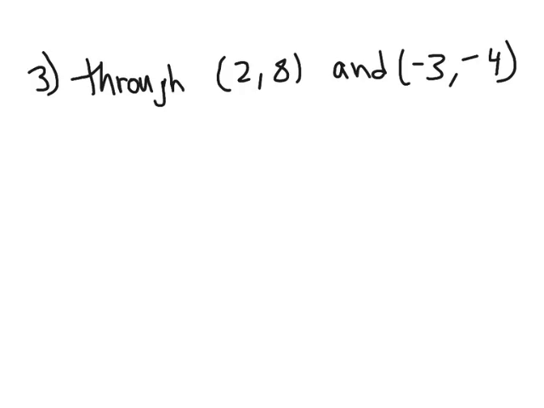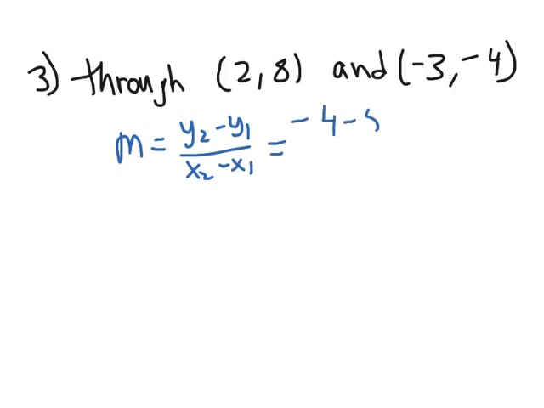Anytime you're dealing with a line, you always have to have the slope. Not a choice. So m equals y2 minus y1 over x2 minus x1, negative 4 minus 8 over negative 3 minus 2. That's negative 12 over negative 5. That's 12 over 5.